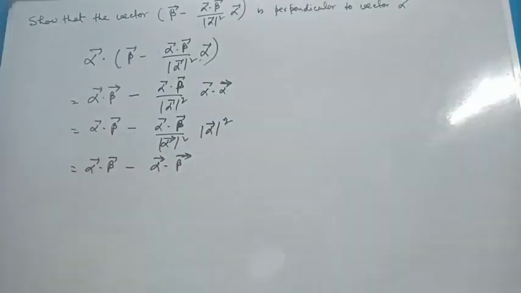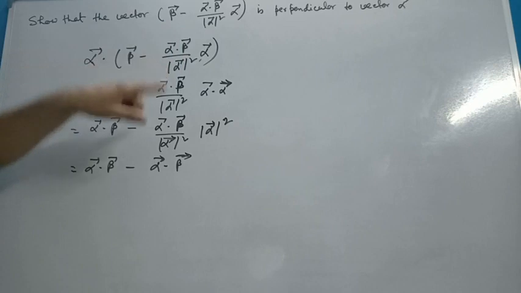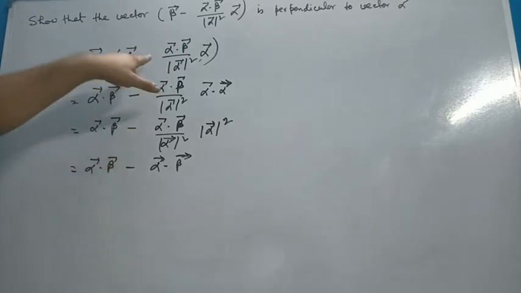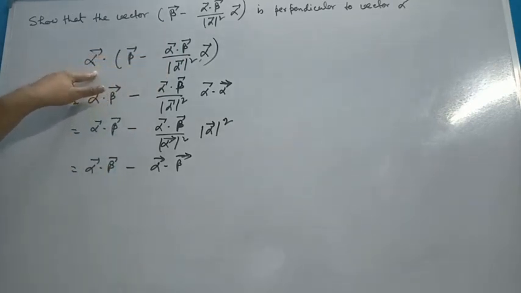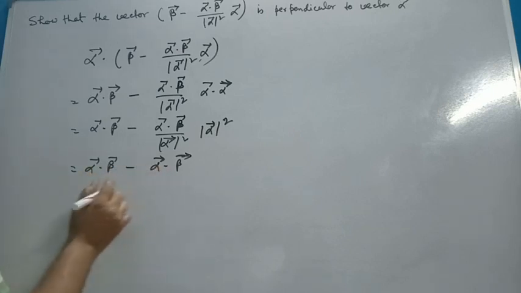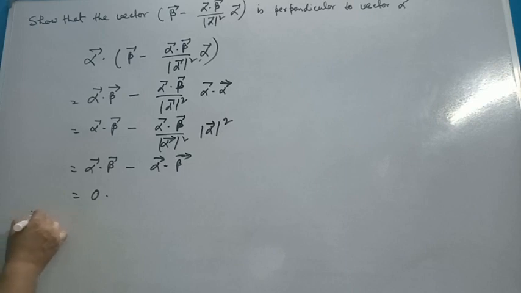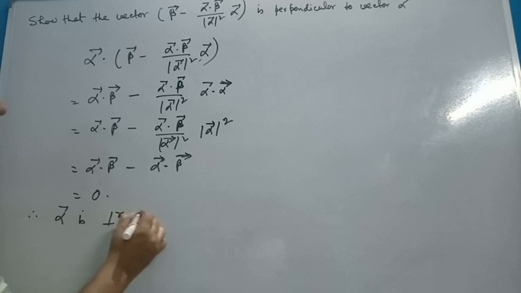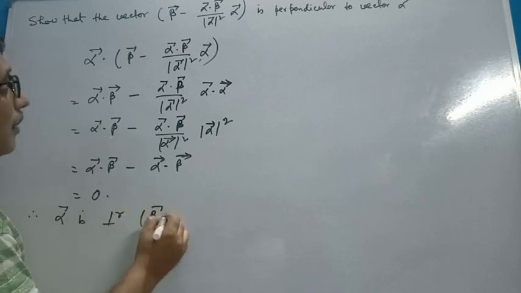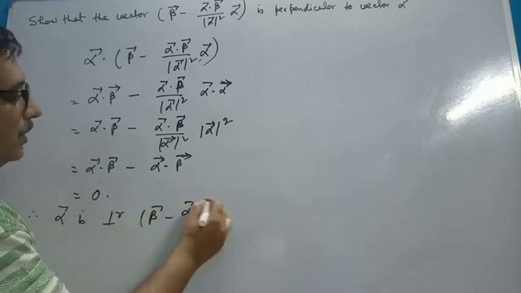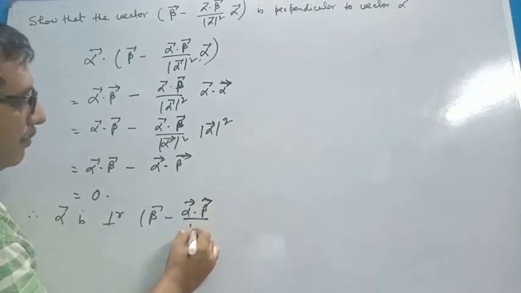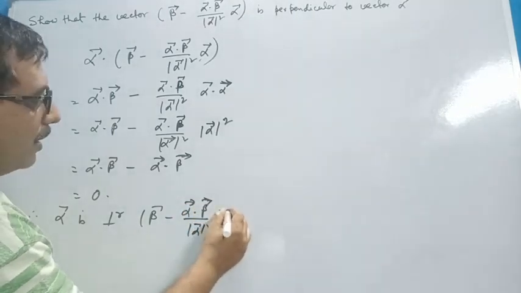Very easy sum. Just taking the dot product we get the result. Now alpha dot beta minus alpha dot beta is nothing but 0. That means the dot product is 0. Therefore we can conclude these two vectors are perpendicular to each other. Therefore alpha is perpendicular to the vector beta minus alpha dot beta by mod alpha square times alpha.